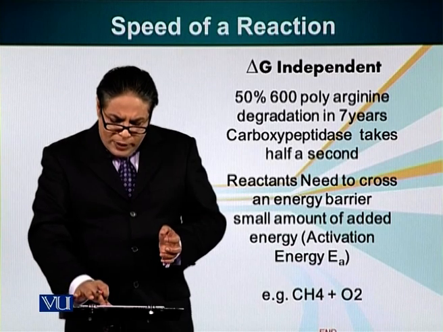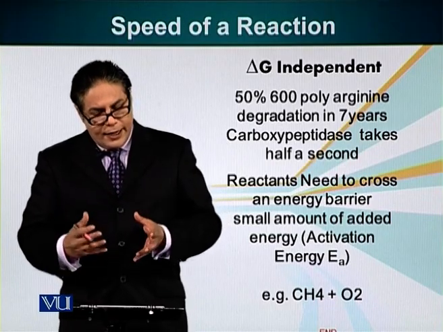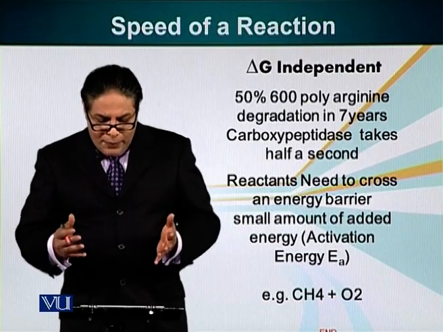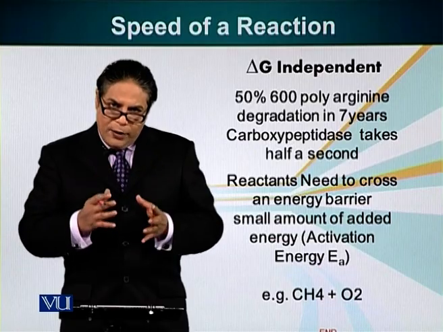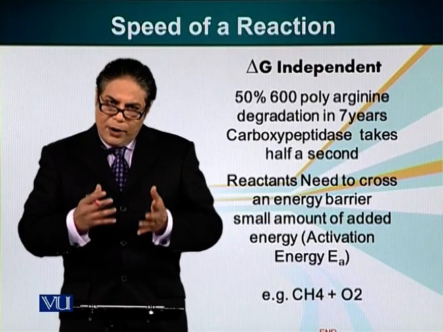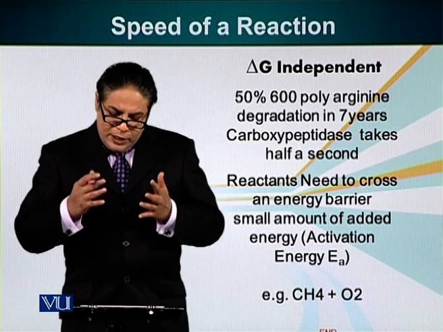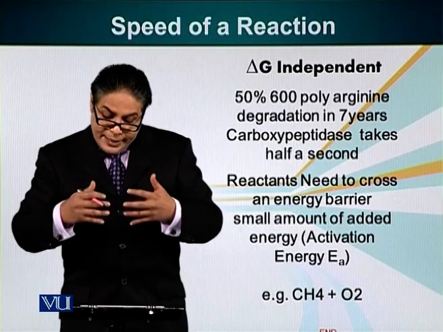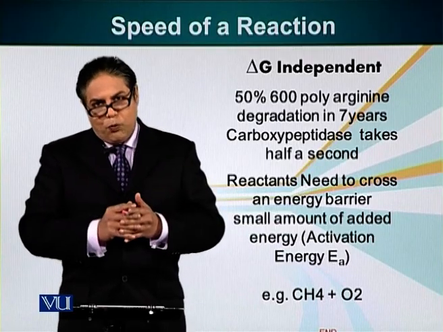Also, I would like to say that there are processes that, although they release energy, do not occur quickly. For example, if we have 600 polyarginines, we have talked about amino acids, arginine is an amino acid. If we make a protein of arginines, 50% of the polyarginine will degrade, but it will take 7 years for these amino acids to be released from this polymer.